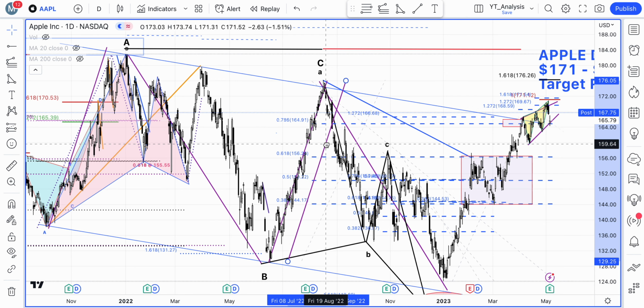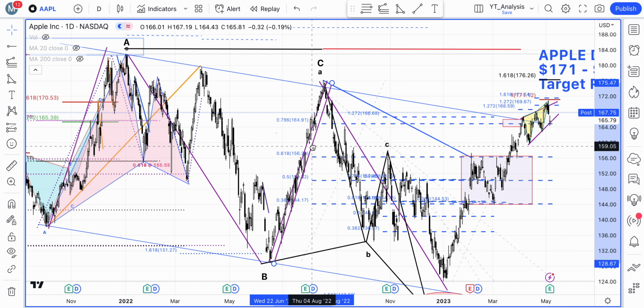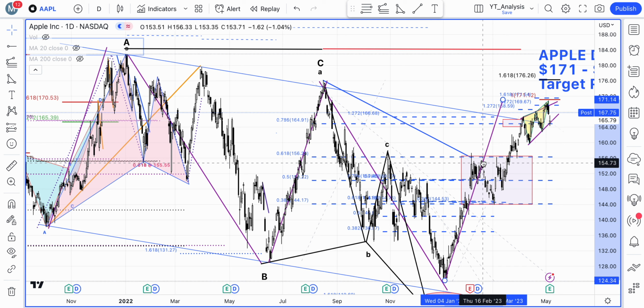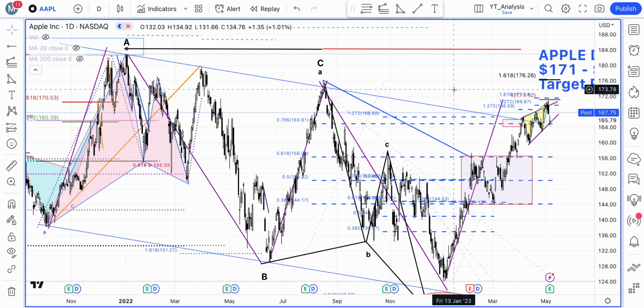Then the second one, the rally which we had was this much magnitude, and what do we have now? So you see the market symmetry. This is how the markets repeat over and over again.